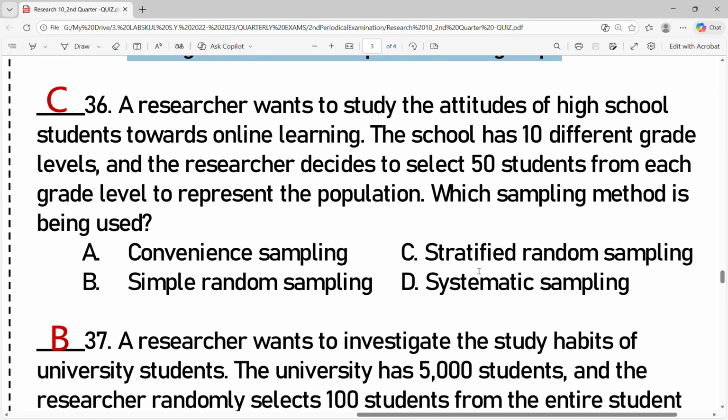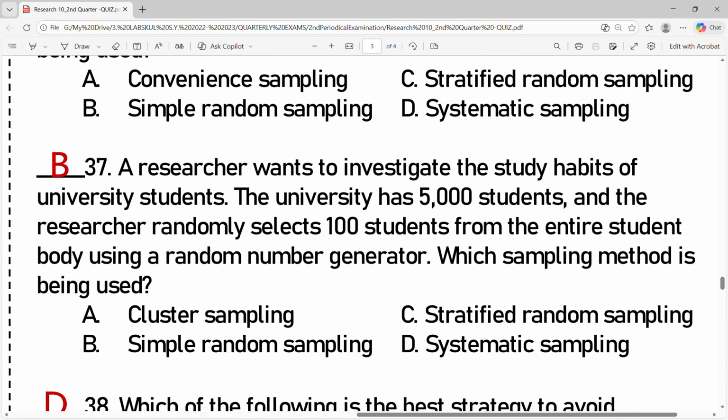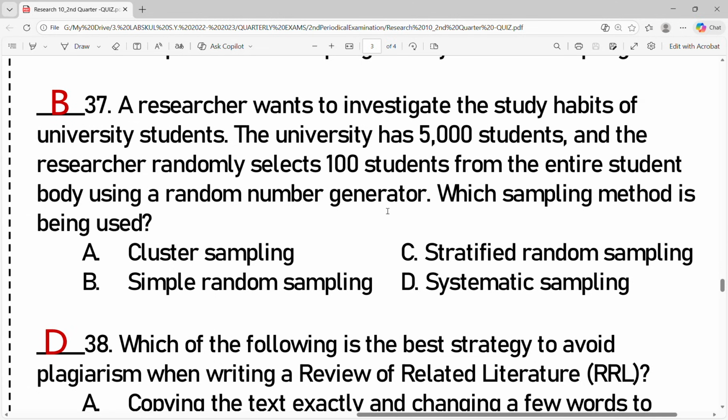So, the best sampling method that you could use here is stratified random sampling. Because there are 10 different grade levels, so grades 1 to grade 10 for example, and then they're going to select 50 students from each grade level or from each strata or stratum. So yes, that's stratified random sampling. Letter C.